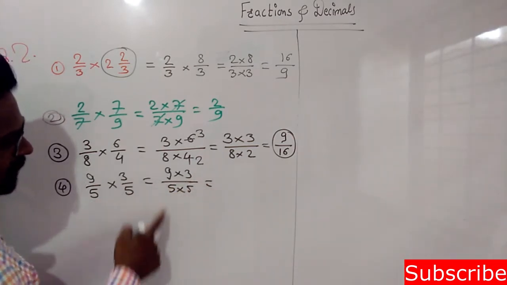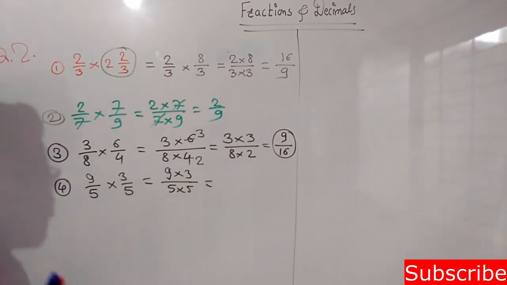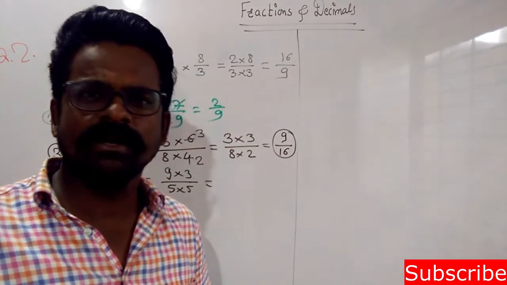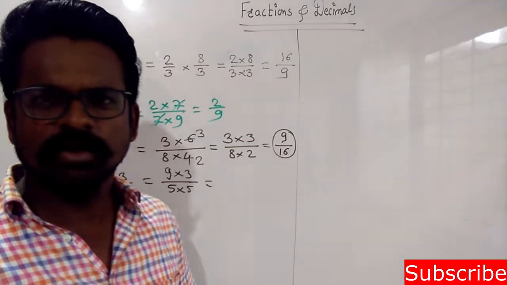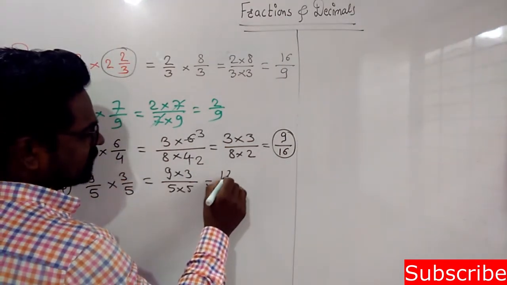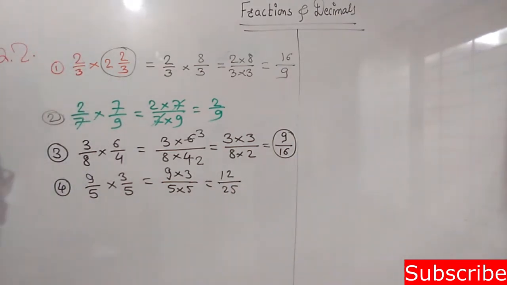Is there any common factor? No, because this 5 is prime and this 5 is prime, and if you have both prime numbers in numerator and denominator, then there should not be any common factor between numerator and denominator. So it is equal to 9 3s are 12 divided by 5 5s are 25, and that will be your answer.